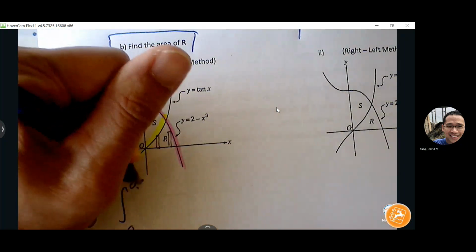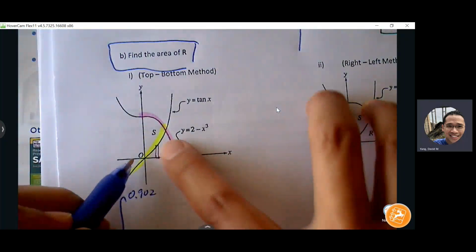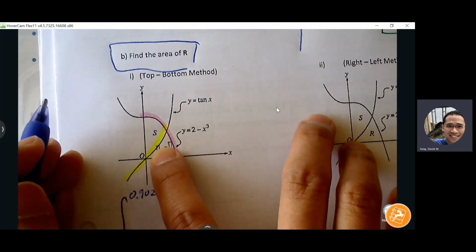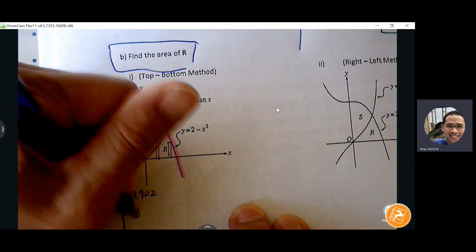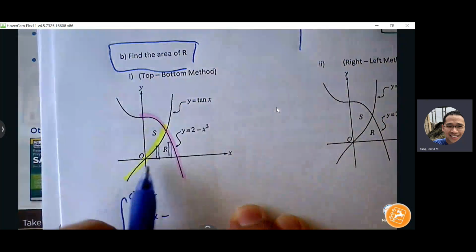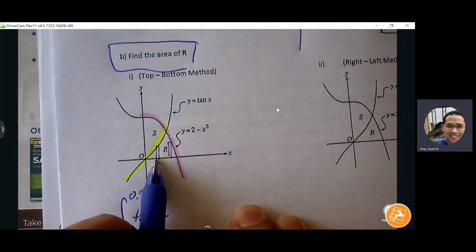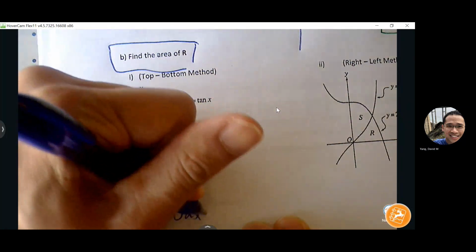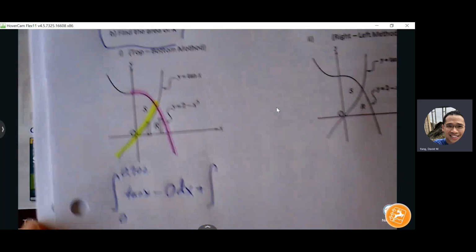All right, the top of that left region is, I have it highlighted in yellow there, that's the tangent x. So tangent of x minus what's the bottom of the rectangle hitting? 0. Yeah. All right, so that's the left region.